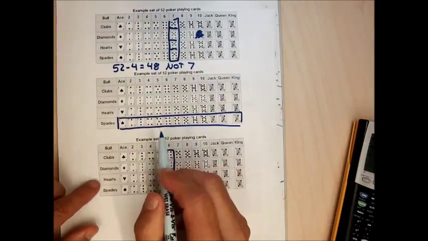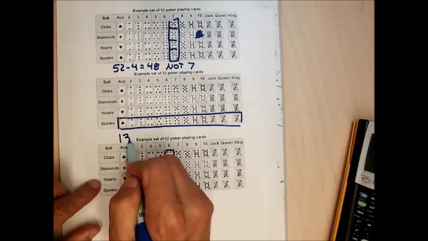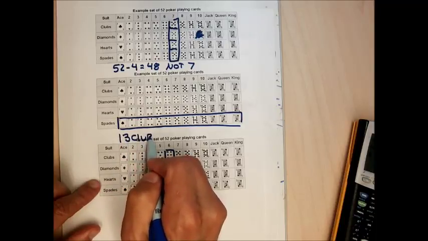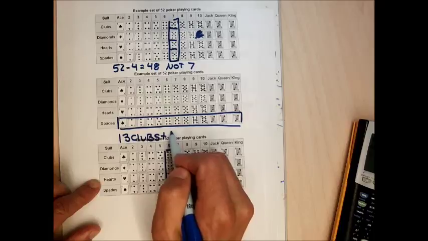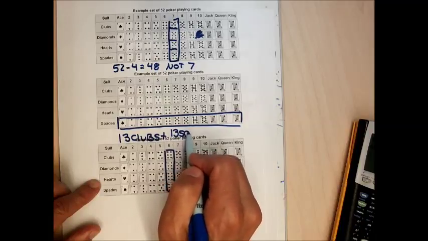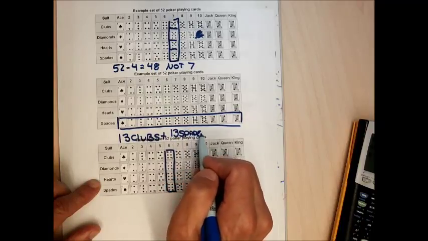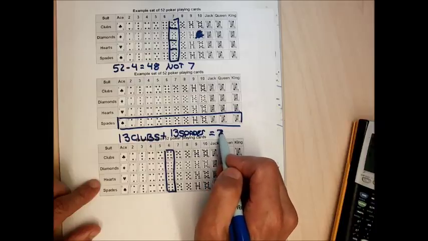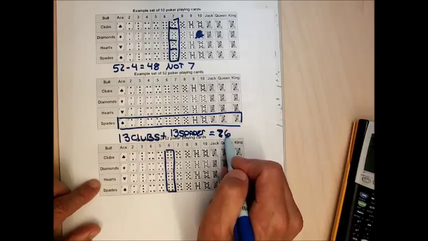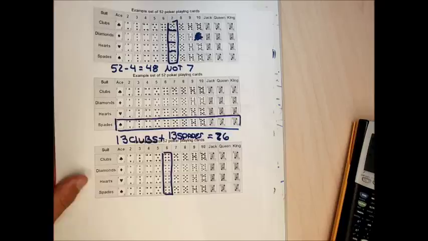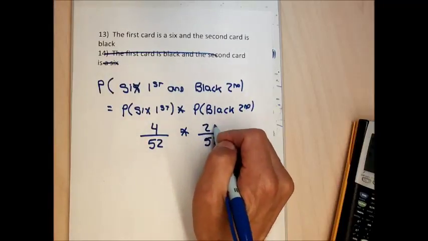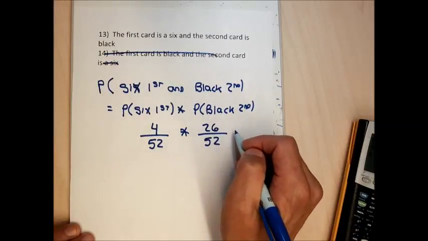And for the second card, it needs to be black. For the black card, there are 13 clubs and 13 spades. And for my second probability, I'm assuming I can pick any of the 52 cards. In a deck of 52 cards, there's 26 black cards. So the second fraction should be 26 over 52.